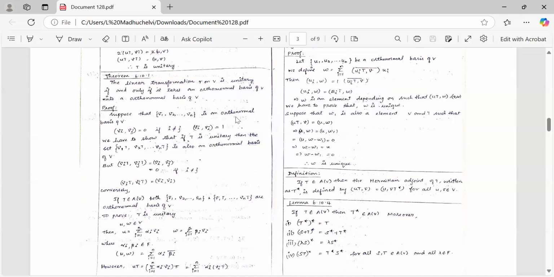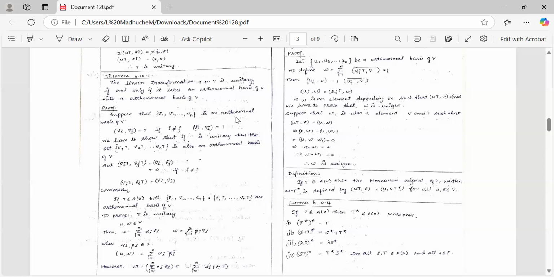Conversely, if T belongs to A(V), we have taken an orthonormal basis, and we proved that T takes an orthonormal basis to an orthonormal basis. Conversely, we assume that T belongs to A(V), and both V1, V2, etc., Vn and V1T, V2T, etc., VnT are orthonormal bases of V. Now we are going to prove that T is unitary.